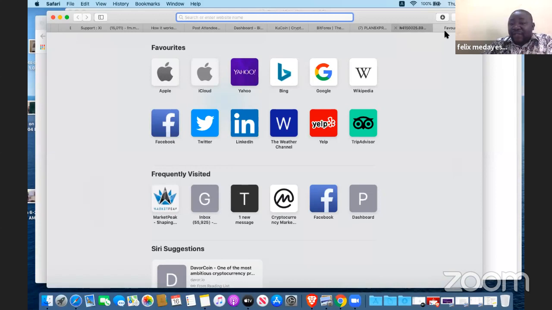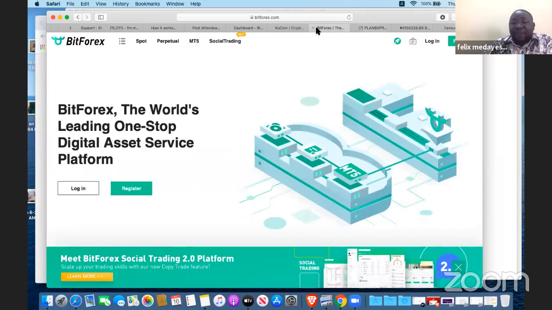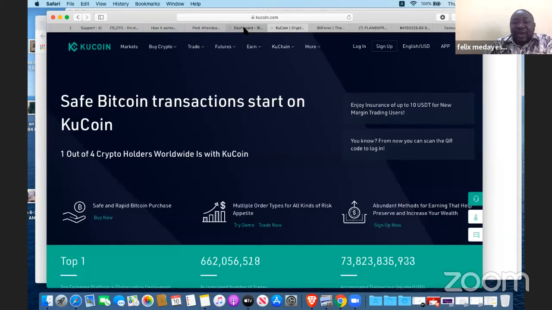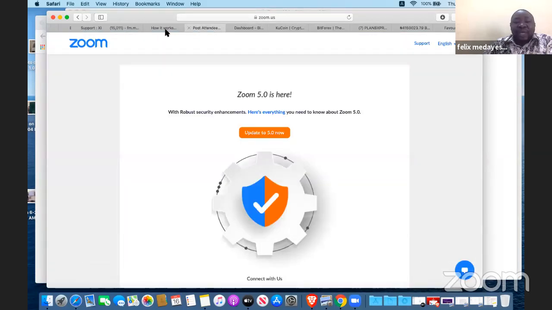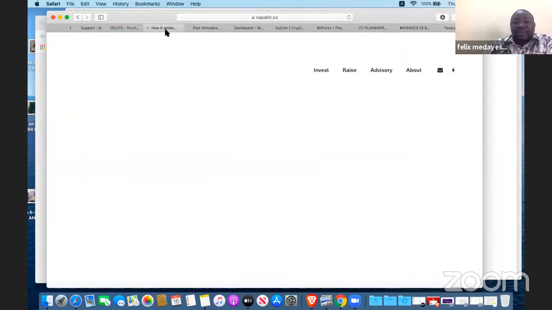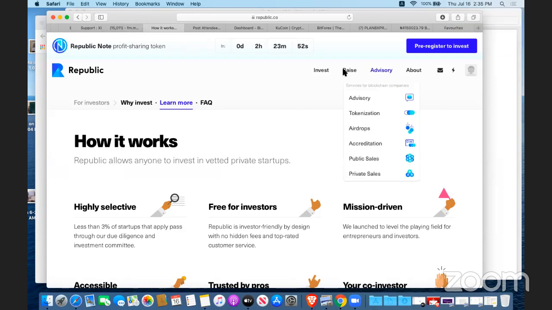If you look at my screen now, you can see Binance, YouTube, Bitforest, KuCoin, Zoom, Republic, email and different things, but on the same browser. Does that make sense?